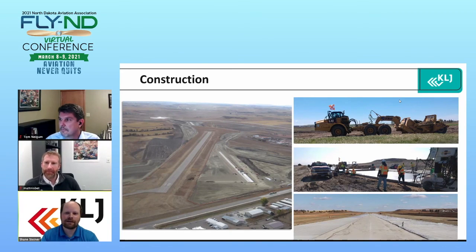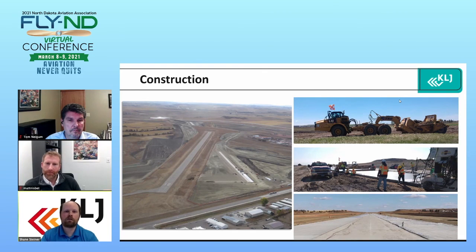So the paving was completed on both ends, as you can see there, and a lot of the grading was completed. So really going into next year, once we rip up the existing runway and get into the existing subgrading, connect those two pieces, hopefully we'll have everything finished up.